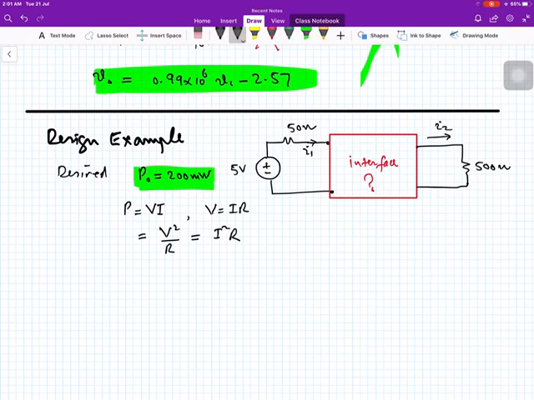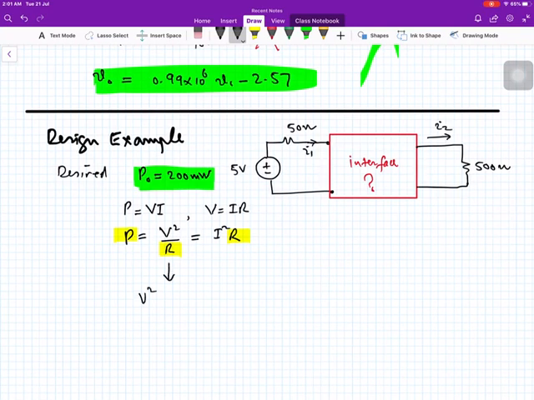So we know the required power, we know the resistance, therefore we can find the voltage.